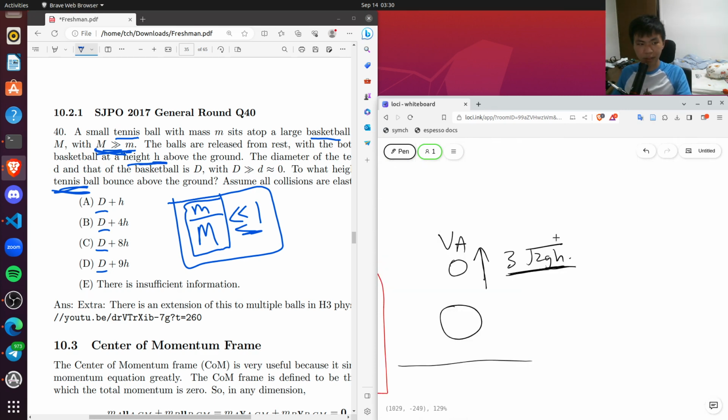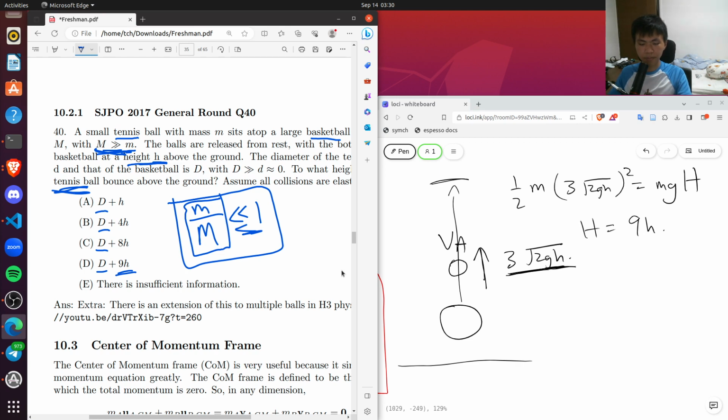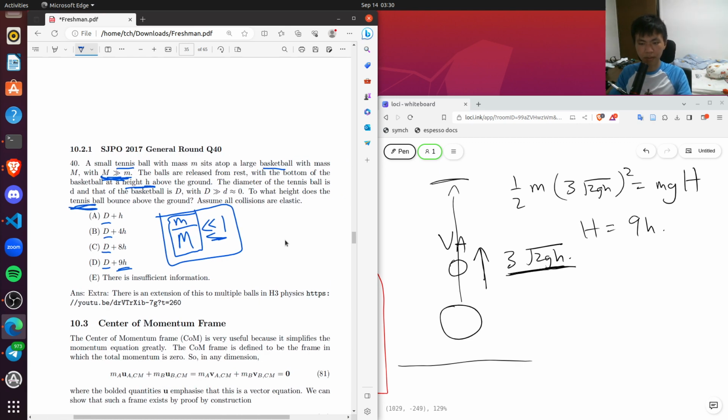Equating kinetic and potential energy, or using kinematics, we get half m times 3 square root 2gh squared, half mv squared equals mgH, I'll call it big H, the height that it travels before it comes to a stop. And this will give me H equals 9h. So the answer is D.